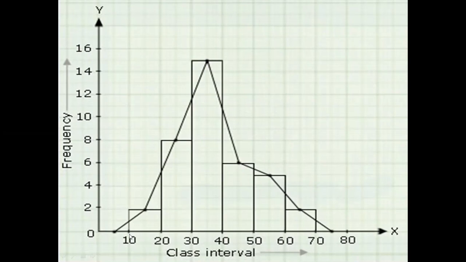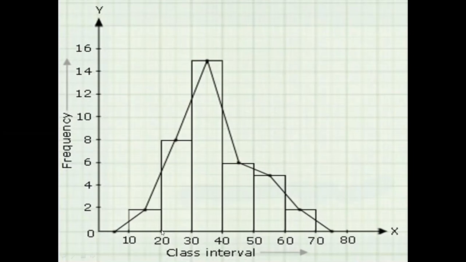Okay, and since you have the x-axis, from where you have to start, you will go back to the x-axis, or the line should start from the x-axis. So you will go to the midpoint of the preceding class interval.